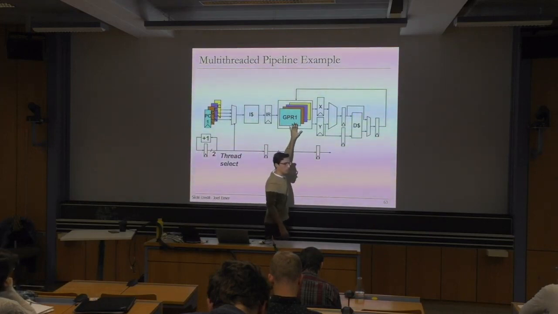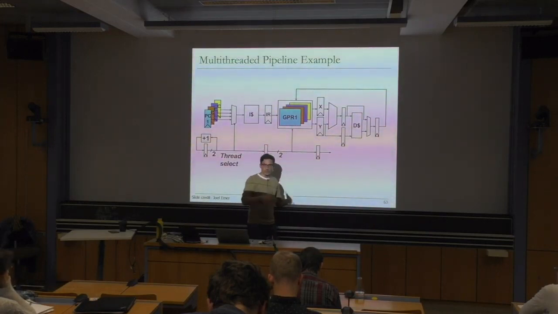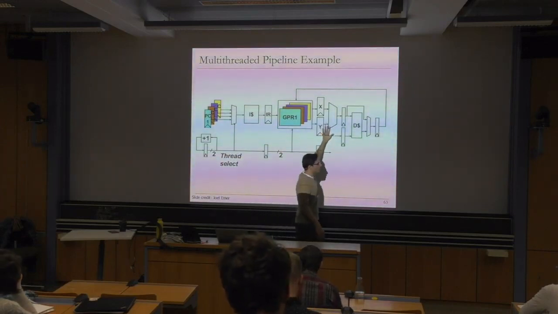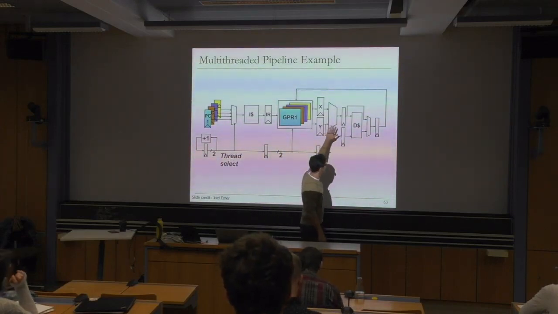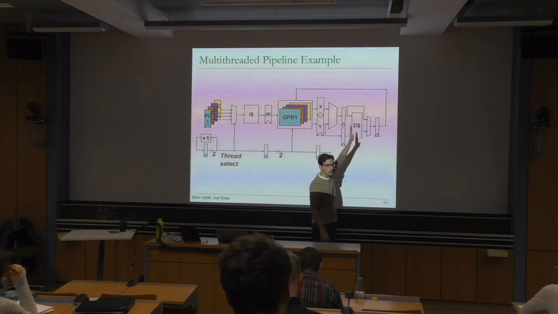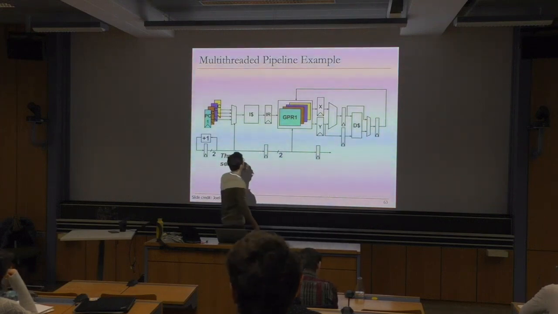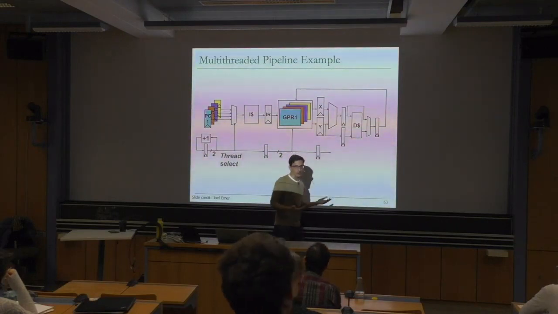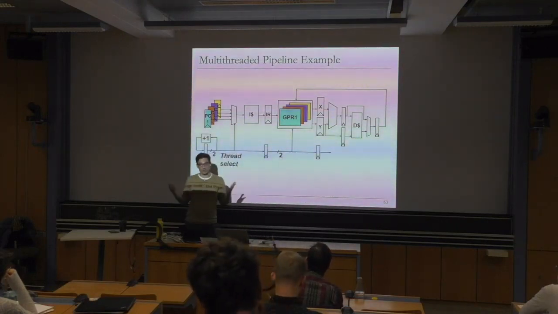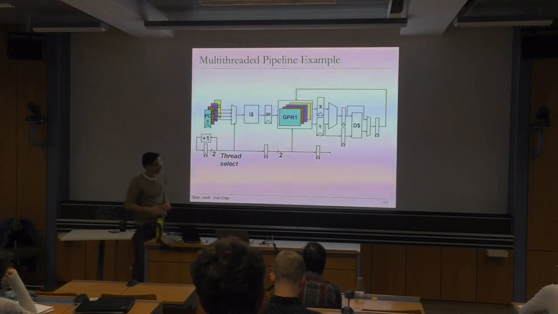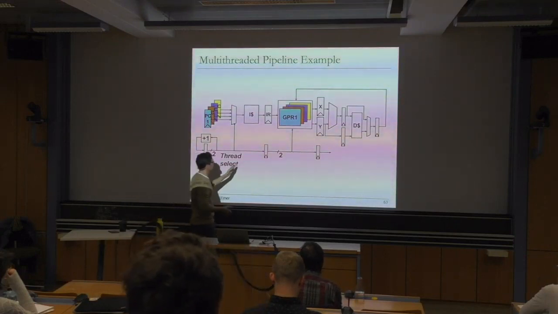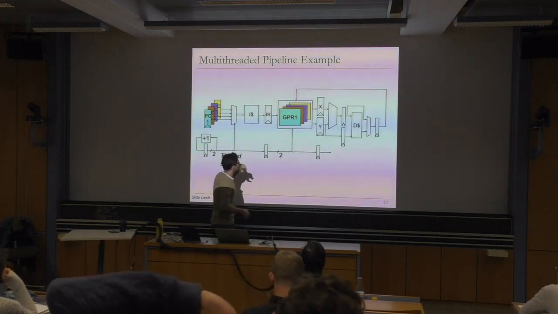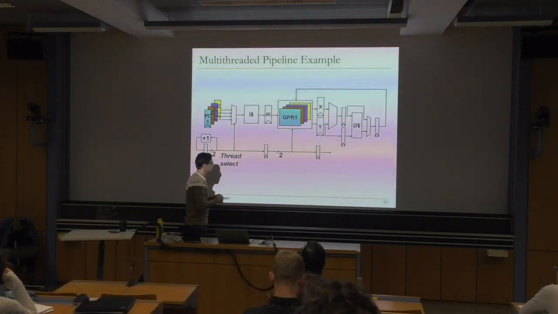And here we have a register file where we store the contents that we are operating on, and after that we have an ALU, and after that we have the memory access, and so on, right? So each of these stages is typically in a different pipeline stage, right? And between these stages, what we have are pipeline registers.